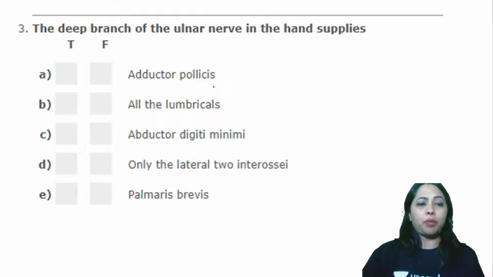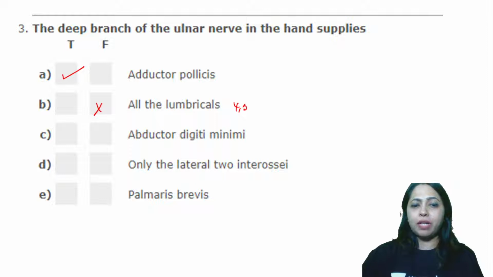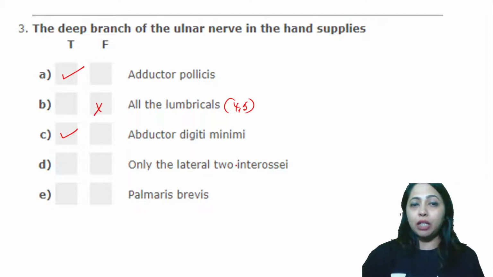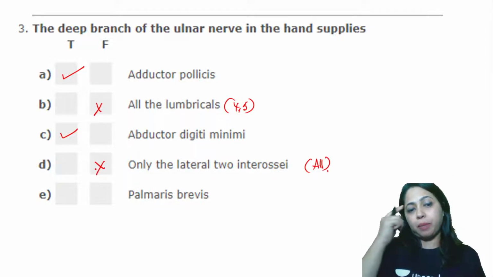What about adductor pollicis? Yes, it is supplied by ulnar nerve. All the lumbricals? No, only the 4th and 5th are supplied by ulnar. Abductor digiti minimi? Yes, it is supplied. What about only the lateral interossei? No, all of them are supplied by ulnar. So this is also a false statement.